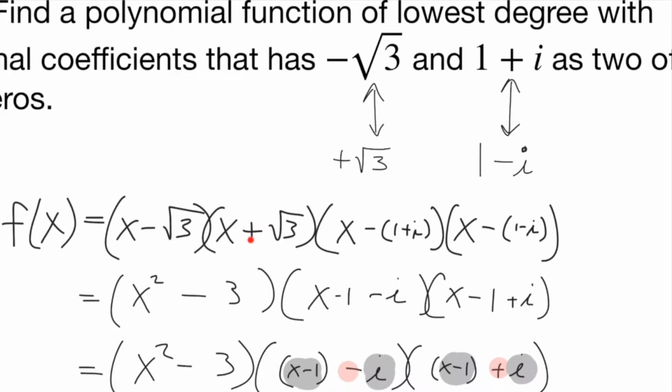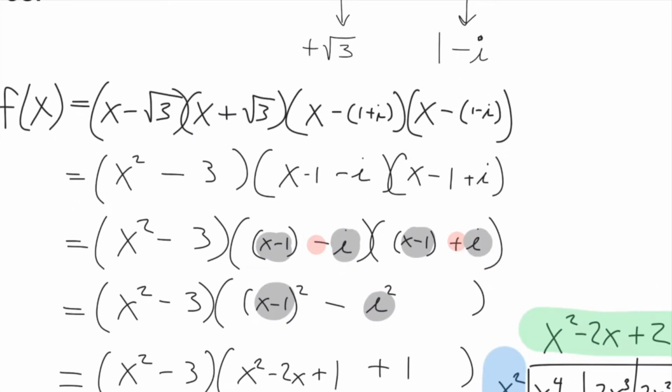I'm going to FOIL these. Remember that it's the difference of squares, so you get x squared minus 3. And then here, I'm going to take an additional step to save a lot of calculations. You could, if you wanted to, make a 3x3 table and FOIL all of this out. One thing I'm going to do is take a term from over here and arrange it into the difference of squares.